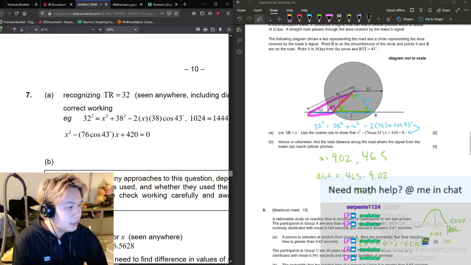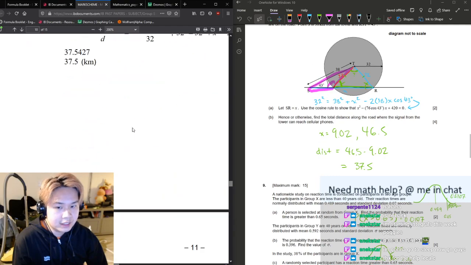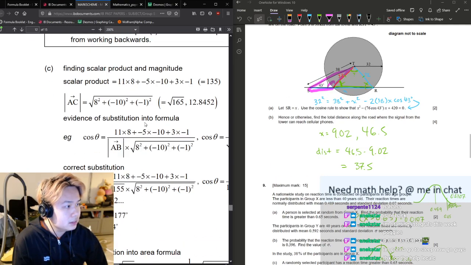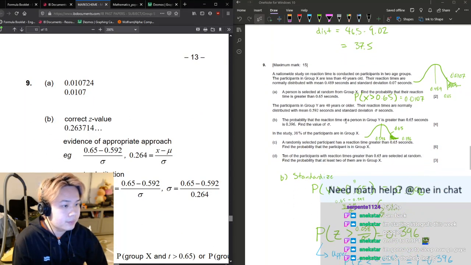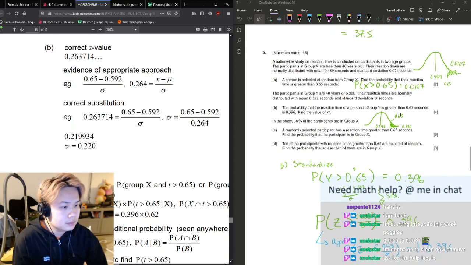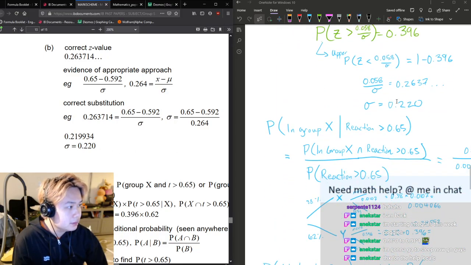Oh, this weird one. The first one was a show, so I showed it. And then the second one, we checked the answer key because it was really weird what they wanted us to do. So that one's fine. This was the vector question. Okay. And then 107, 107. Looks good. Standard deviation 220, 220.